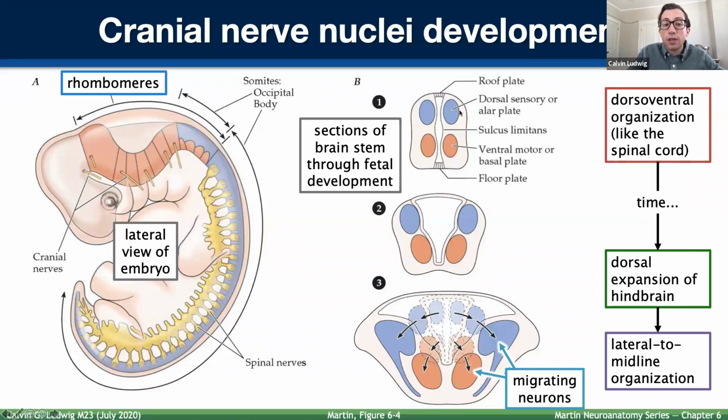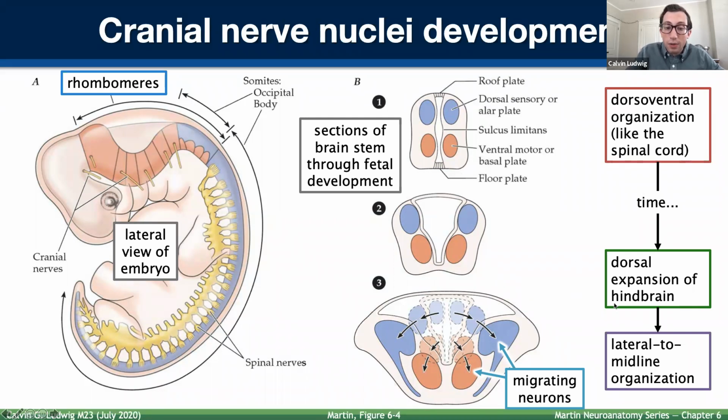I see. So here, this looks more like, let me start with this B figure. These are sections of the brainstem through fetal development, early, later, and later. Here, this is a dorso-ventral organization of the brainstem early on in its development. Here's the brainstem later on in development, and you can see it transitioning from this dorso-ventral organization, like the spinal cord, even in adulthood.